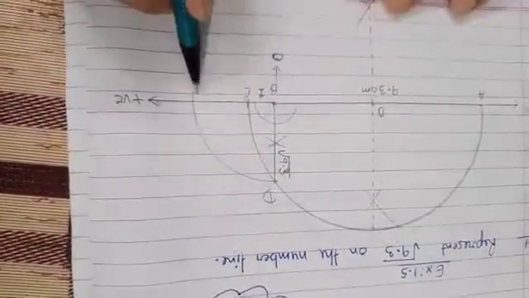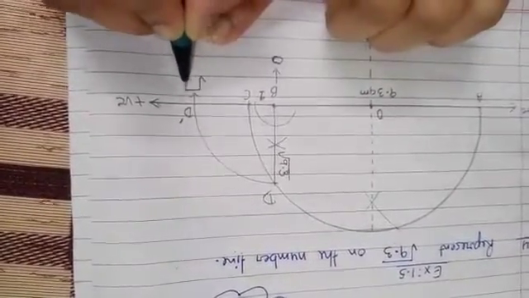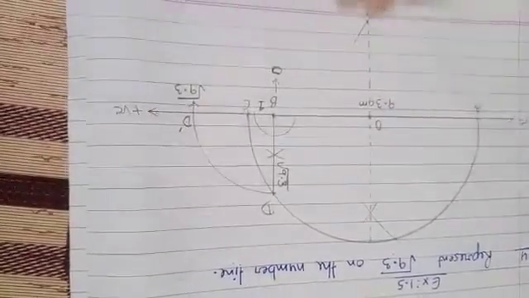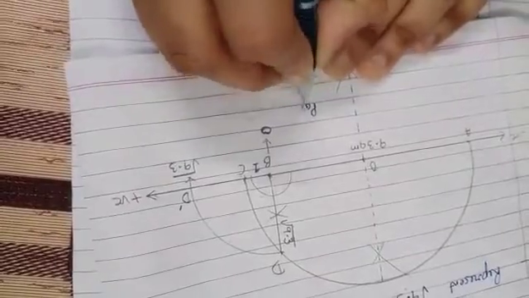So this point D dash will represent root 9.3 on the number line.